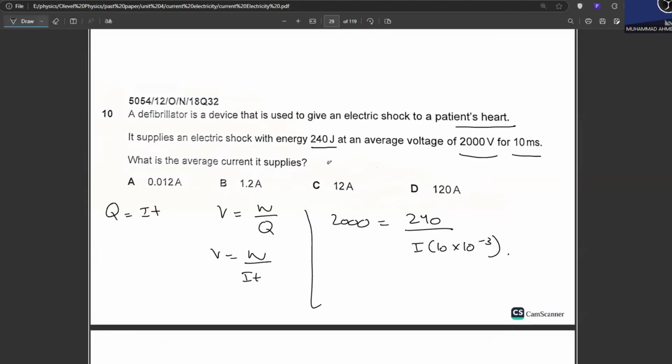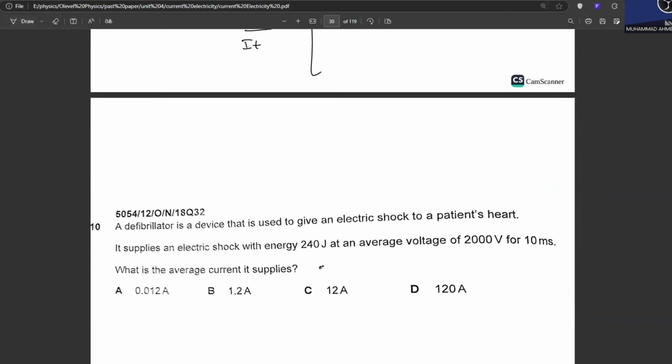Your answer comes out to be 12 ampere. Have I calculated that correctly? Let me check that once again. So 240 in the numerator, 2000 here, multiplied by 10 milliseconds, 10 into 10 raised to the power of minus 3. Yeah, this comes out to be 12. C is your answer. Let's further move ahead.